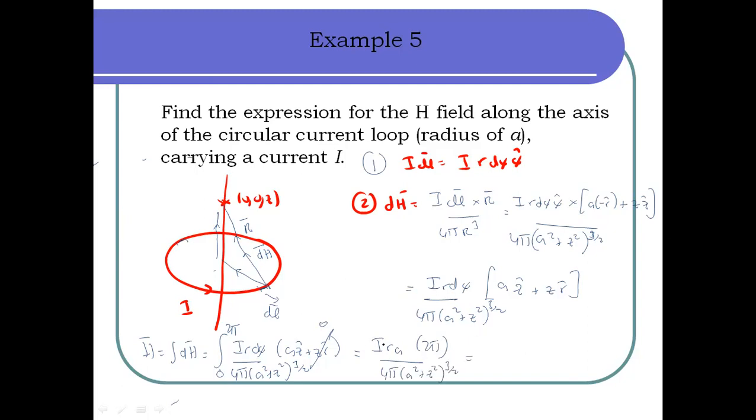The direction is Z, so we have I R A in the Z direction, divided by 2 of A squared plus Z squared power to 3 over 2. So that should be our H field intensity.